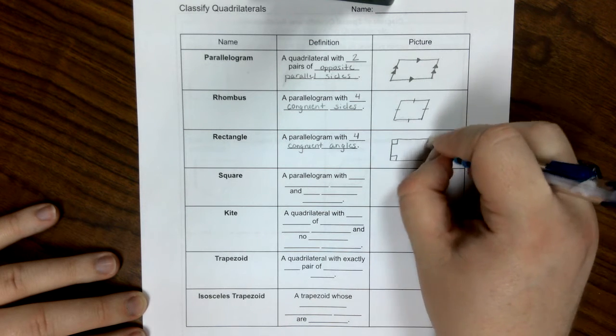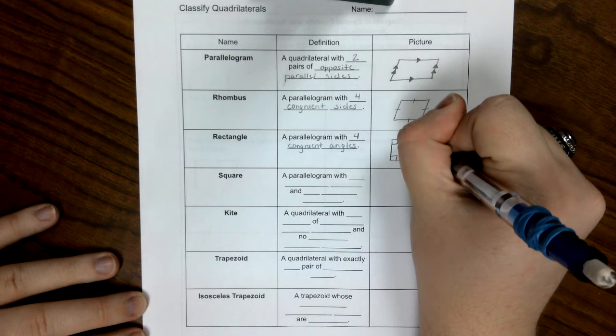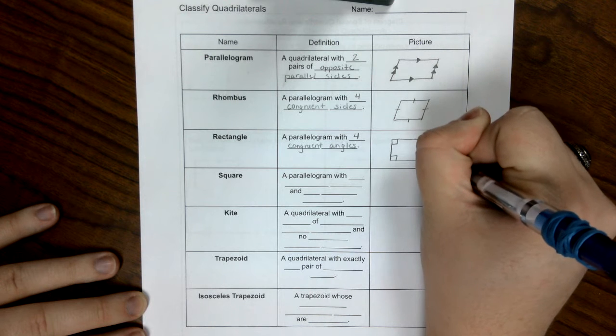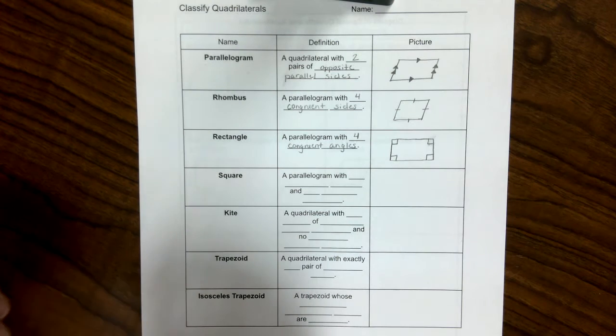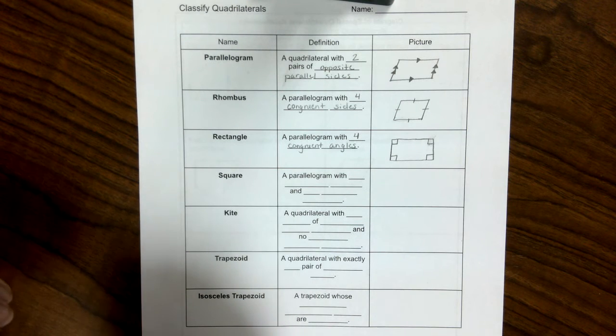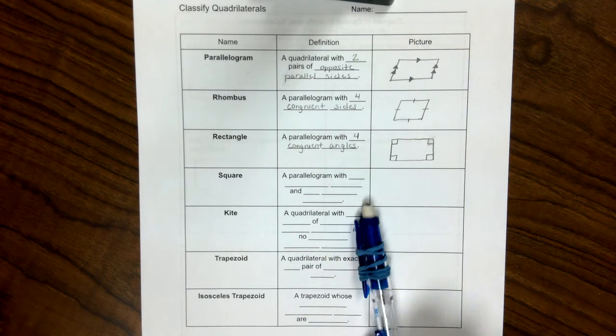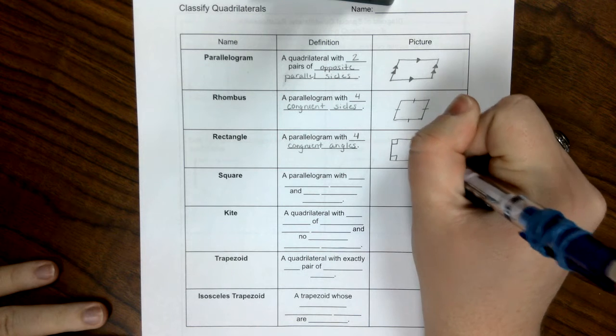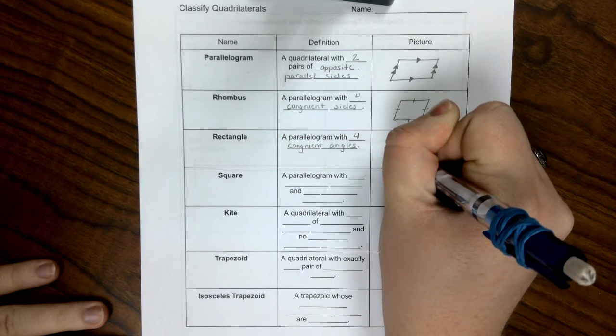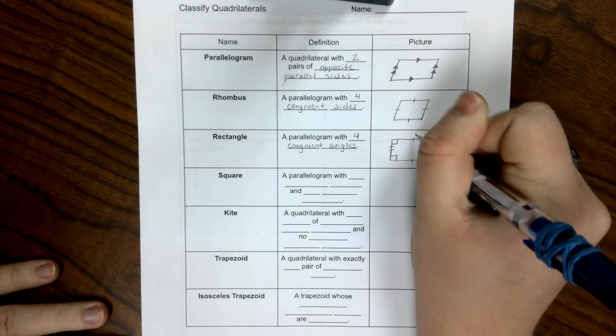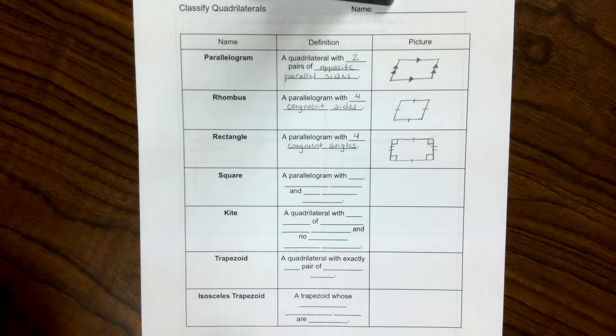Of course, we know that in a rectangle, they're all 90. So there's what a rectangle would look like. And also with a rectangle, you could note that the opposite sides are the same length. You could do that if you wanted to.